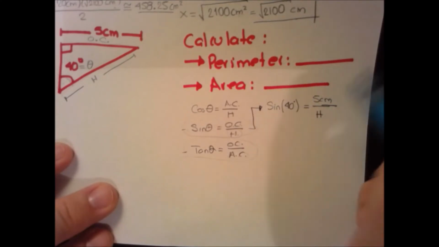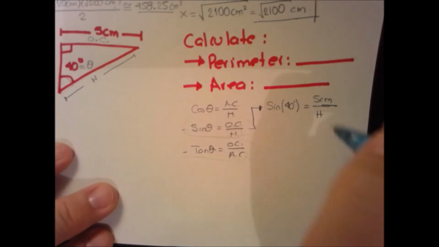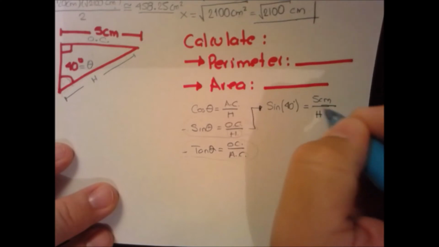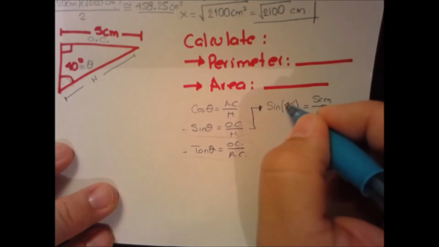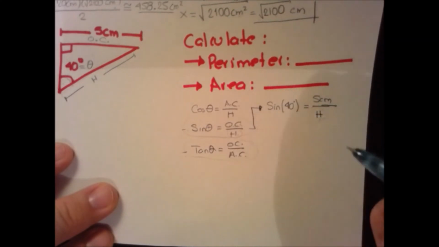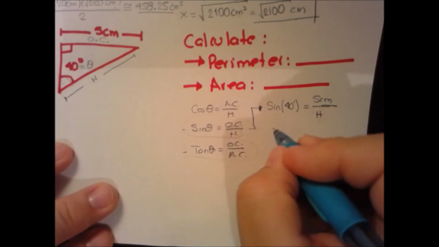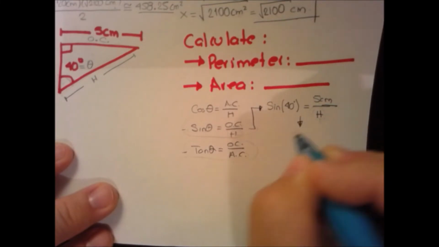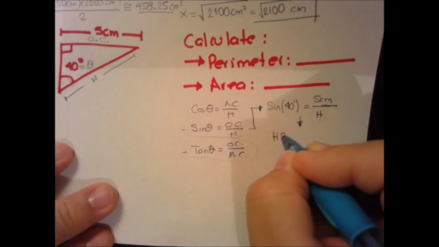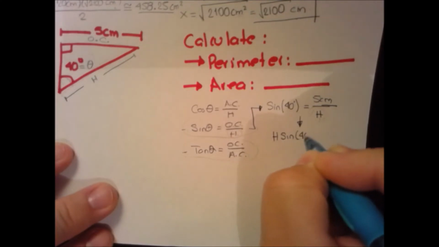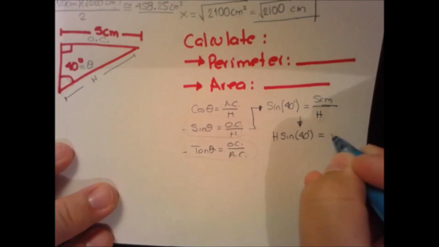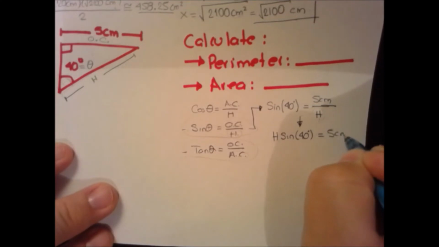So what we should do over here, we need to clear this one. It is dividing, so you need to pass it multiplying, and then you are going to have, let's write over here, hypotenuse times the sine of 40 degrees is equal to 5 centimeters.